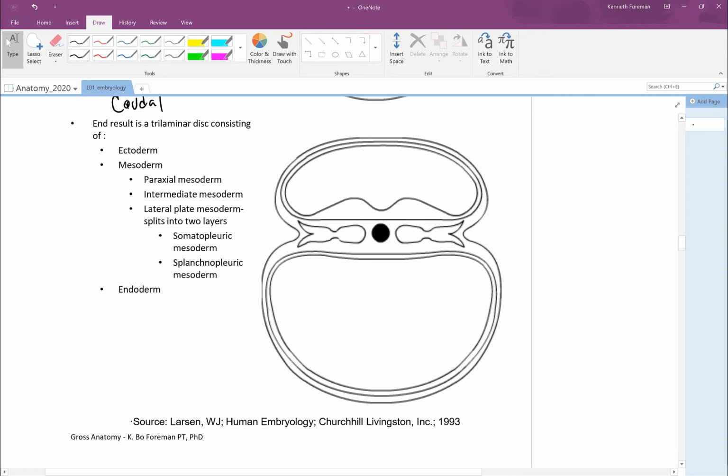So the end result of all of this is a trilaminar disc. And this trilaminar disc, as I mentioned earlier, consists of ectoderm surrounding the amniotic cavity, mesoderm, which now differentiates into some more defined areas, and our endoderm.